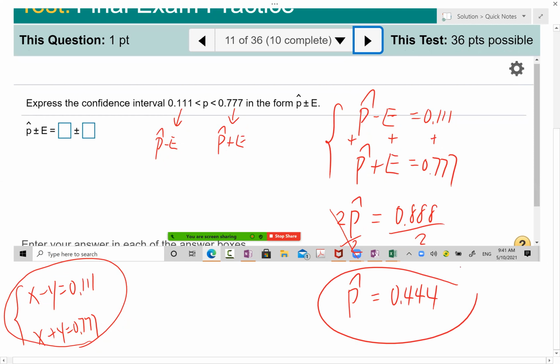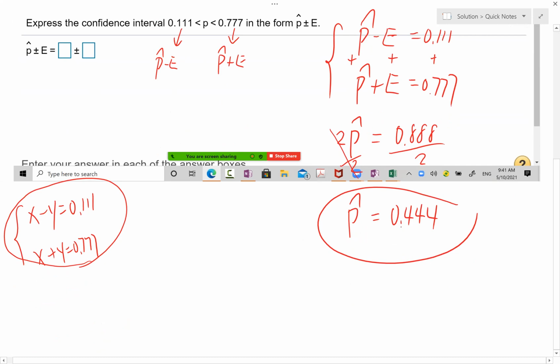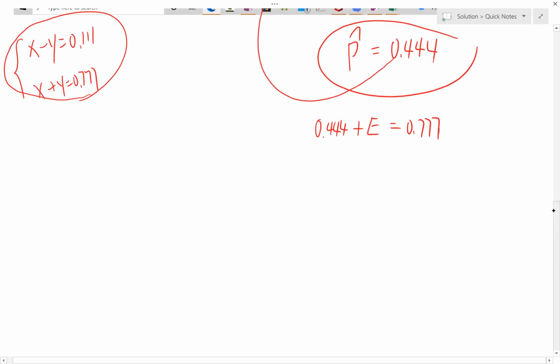Now you find that. And the second thing is to find the margin error, right? So the easiest thing to do is plug this into the second equation. So you get 0.444 plus margin error equal to 0.777. And this is a linear equation with one variable.